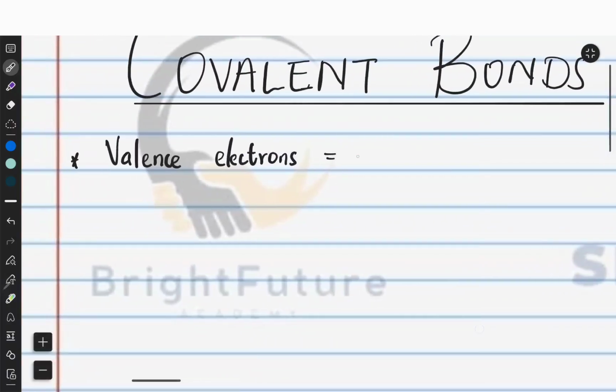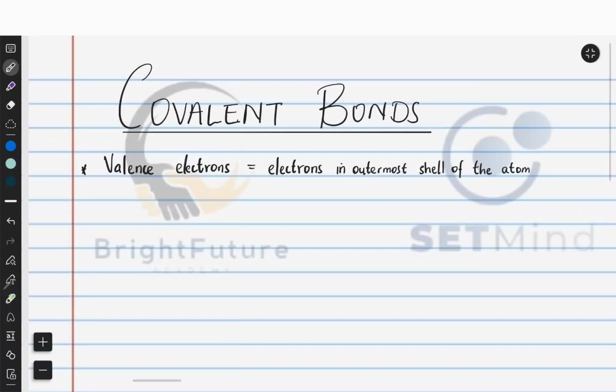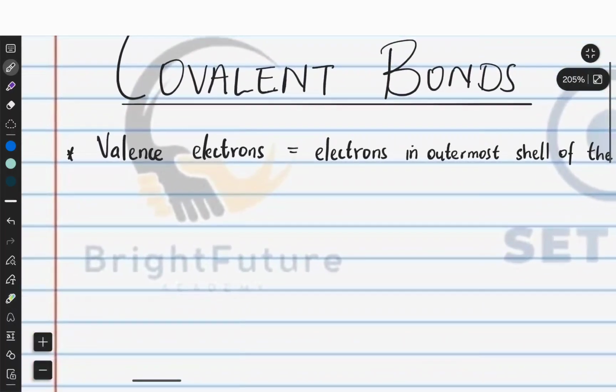So we're just saying outer electrons in the outermost shell of the atom. Right, because remember, an atom will have multiple orbitals, right? So these valence electrons are the ones that are in the outermost shell of that atom, okay? So it's in the s orbital.